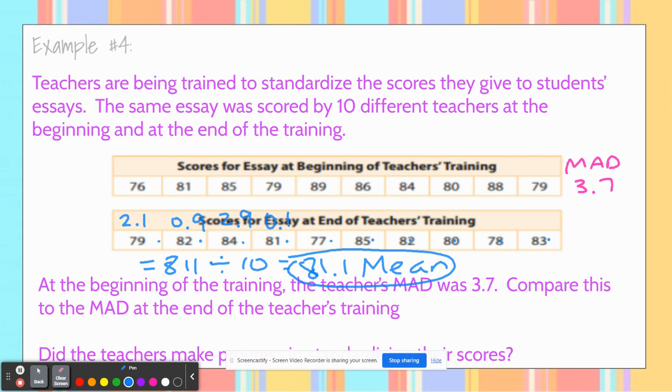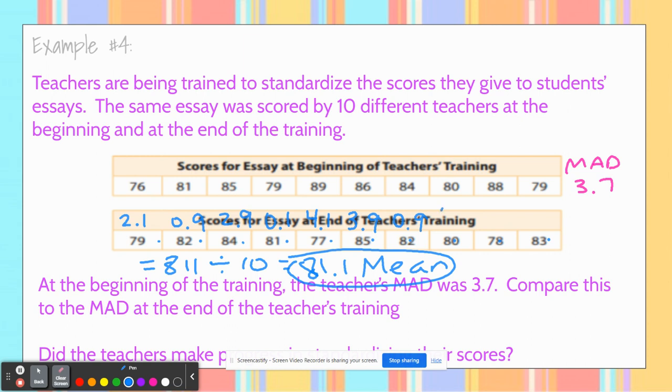77 minus 81.1 is negative 4.1. The absolute value of negative 4.1 is positive 4.1. 85 minus 81.1 is 3.9, and the absolute value is 3.9. 82 minus 81.1 is 0.9. The absolute value of 0.9 is 0.9. 80 minus 81.1 is negative 1.1.